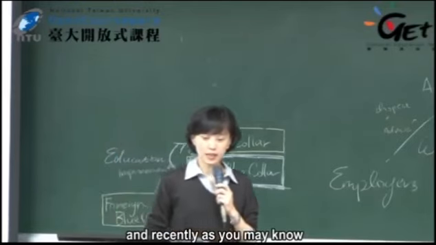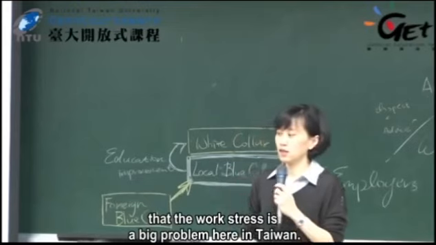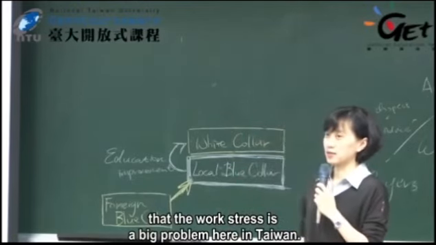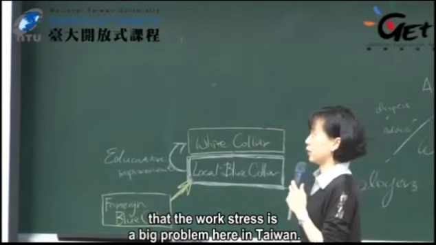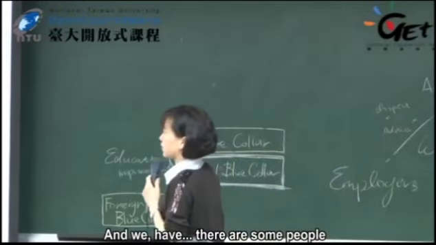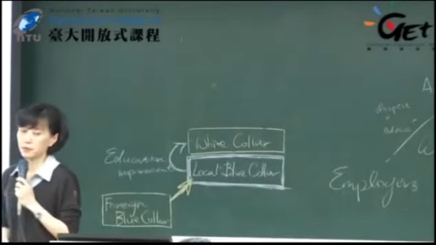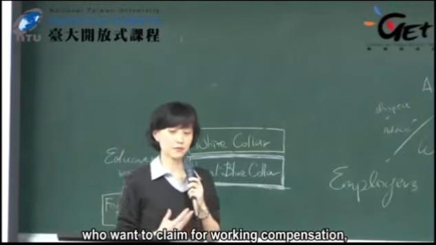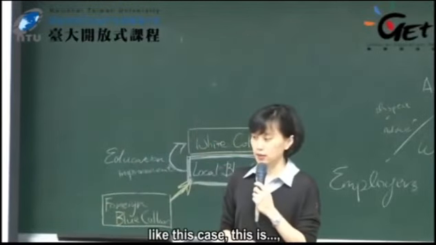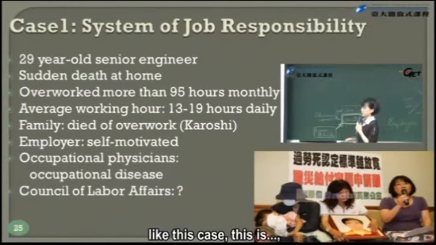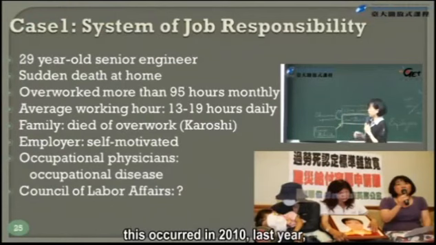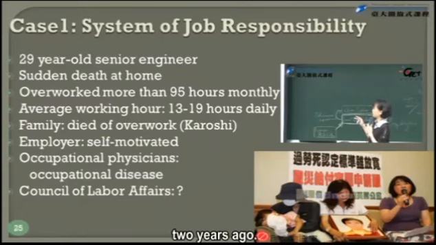Recently, as you may know, work stress is a big problem here in Taiwan, and there are some people who want to claim workers' compensation. This case is quite famous. It occurred in 2010, two years ago.